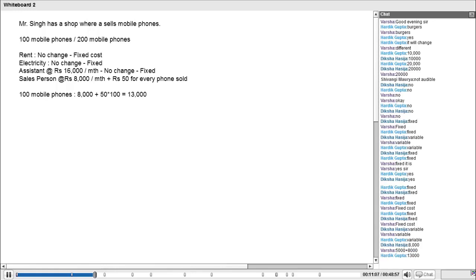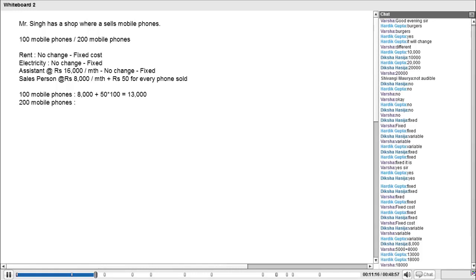And when he sells 200 mobile phones, then again 8,000 is the salary element, plus 50 into 200 phones sold, which is 18,000. The first thing we can notice is that when the sales change, the salary of the salesperson changes, and hence from our first definition, it is not fixed, it is variable in nature.